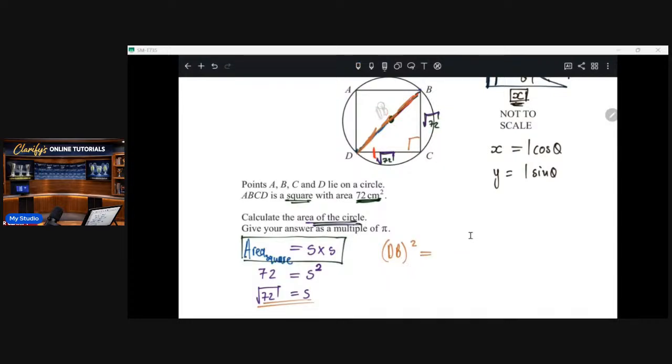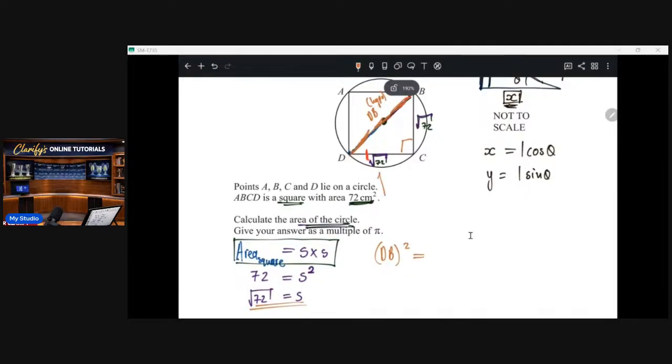It says find your hypotenuse, the side opposite the right angle. That side squared, DB, when you square it, should be equal to root 72 squared plus the other side, root 72, also squared.